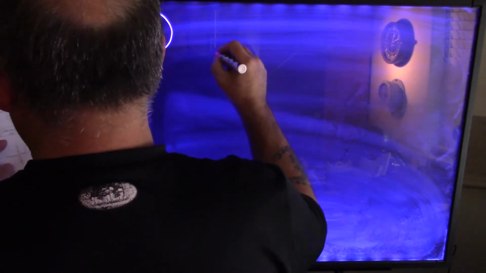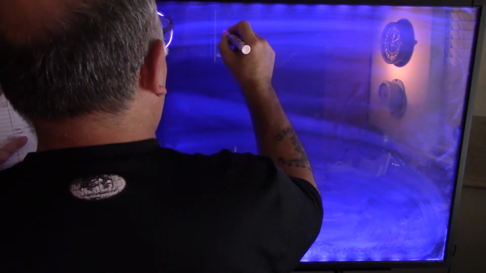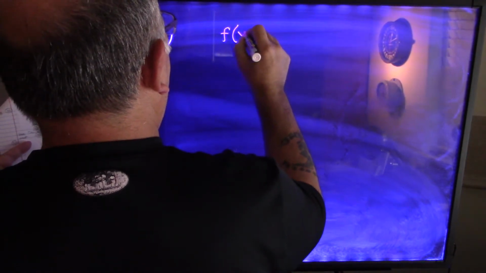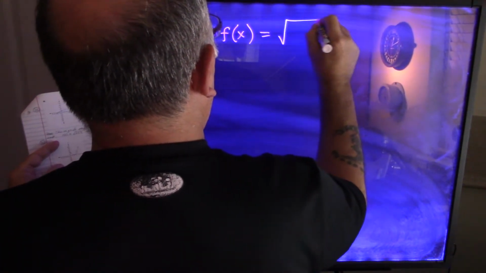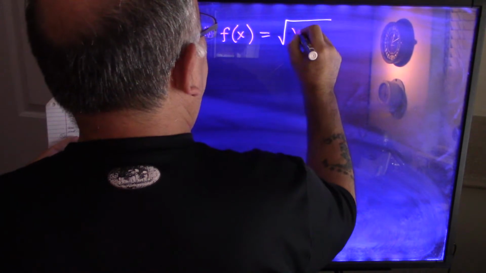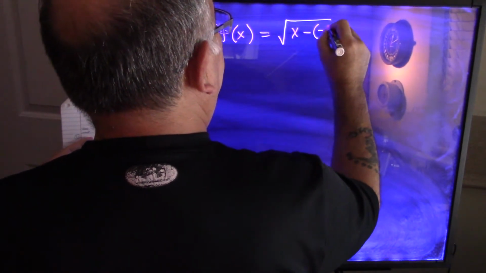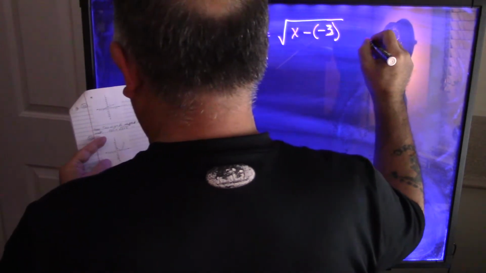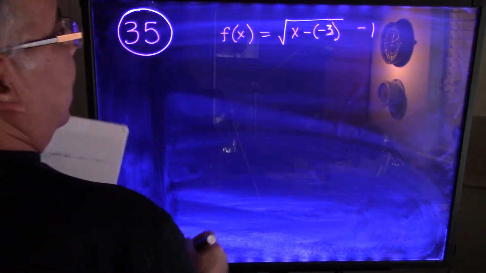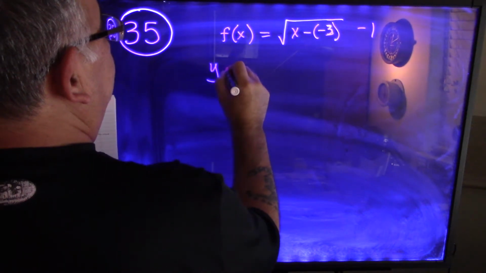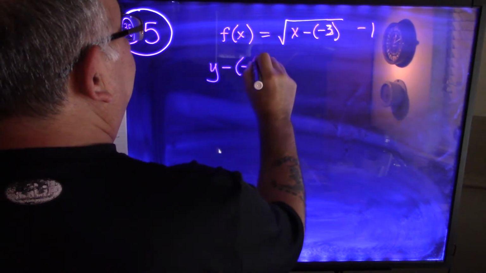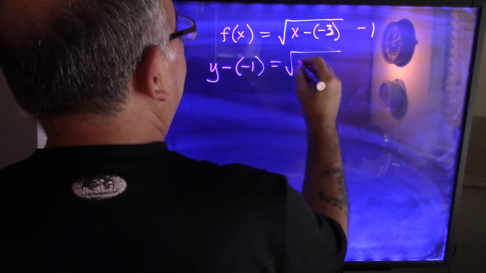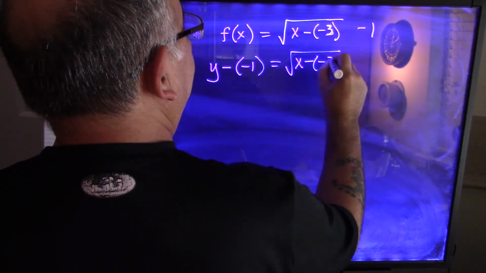So left 3 is x minus negative 3, and down 1. So basically it's like this: y minus negative 1 equals square root of x minus negative 3.